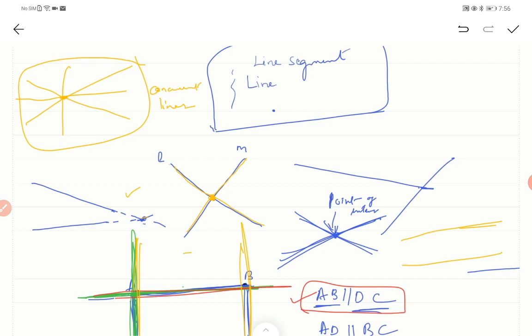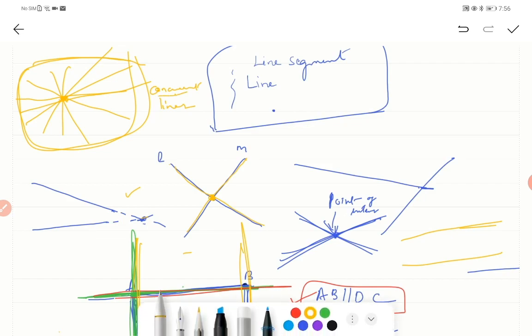If more than two lines, many lines, pass through this one point, that point you call the point of concurrency, and these lines are called concurrent lines. All right. So I hope it's clear. These are the things present in your chapter to be learned by you all.